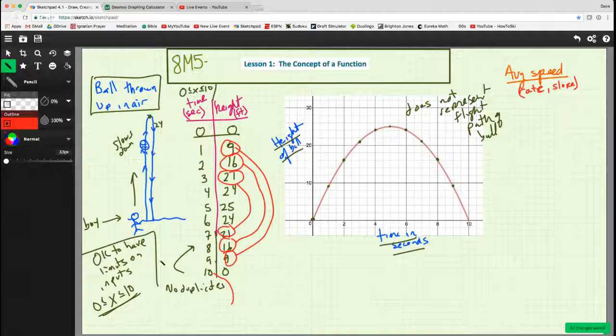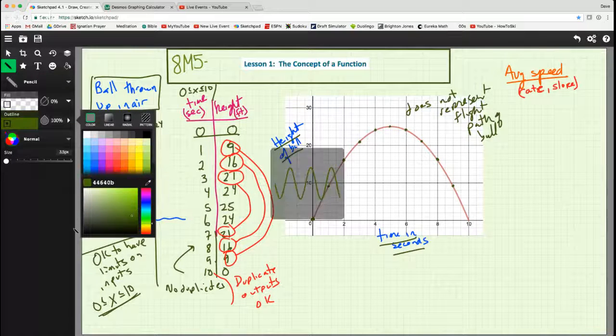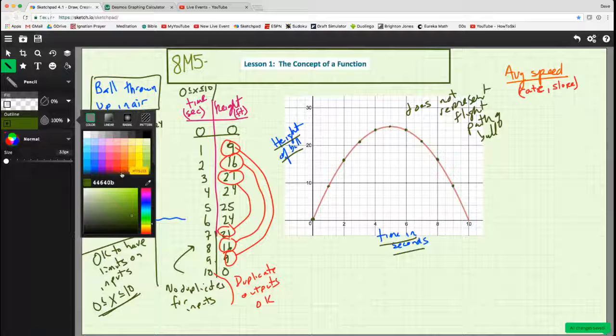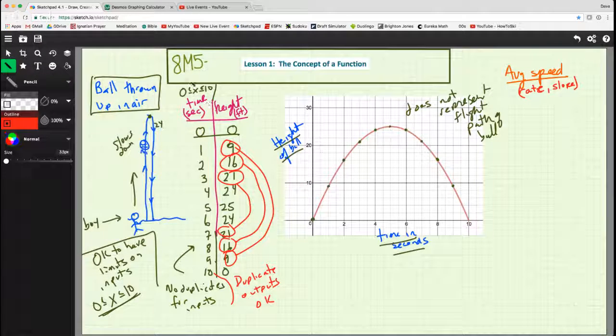No duplicates for inputs, but duplicate outputs are okay. All right. Now what's the third thing? So any number we put in, we get one out for between 0 and 10. That's our domain, or our input.